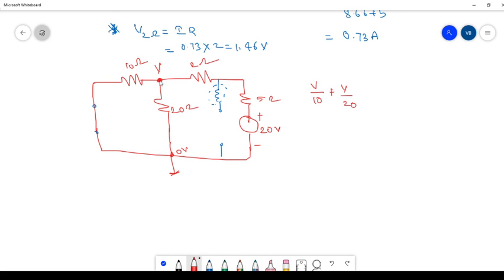Here (V minus 20), these two are connected in series, so (V minus 20) by 7. (V minus 20) by 7 is equal to 0. So you simplify this one, that is V is equal to 9.76 volts. So here you got 9.76 volts.